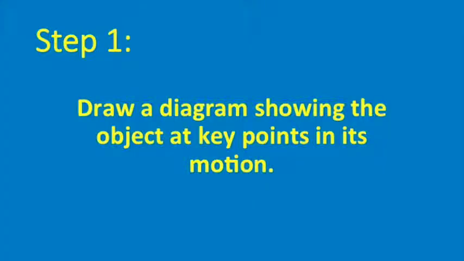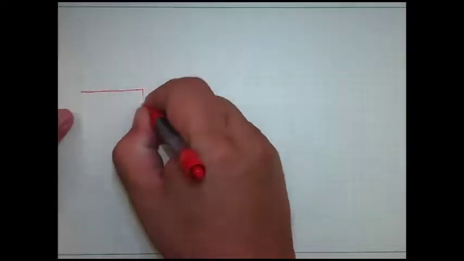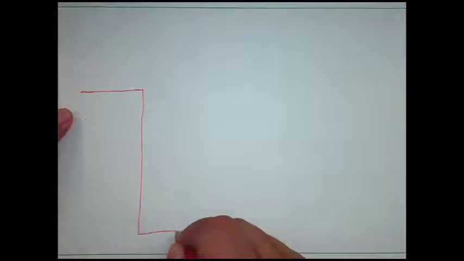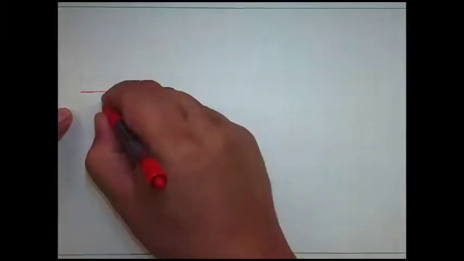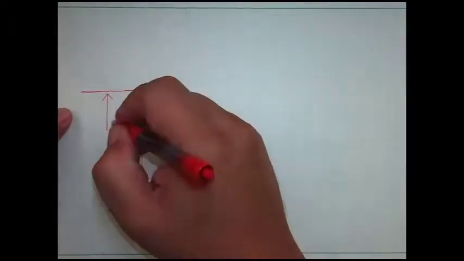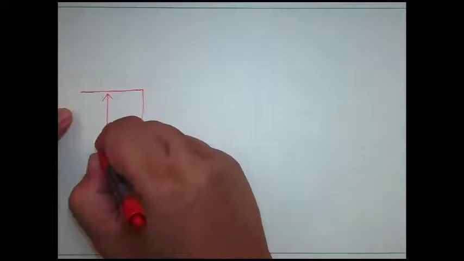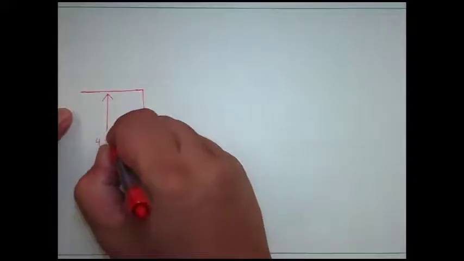The first step in problem solving using energy is to draw a diagram showing the object at key points in its motion. So we'll draw our diagram here of the ball's motion. Here is the cliff going down to the valley floor. We indicate the height of the cliff, 42.7 meters.